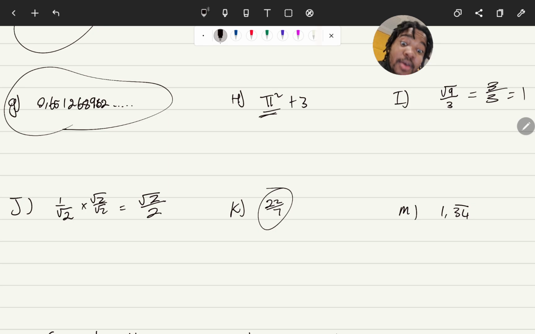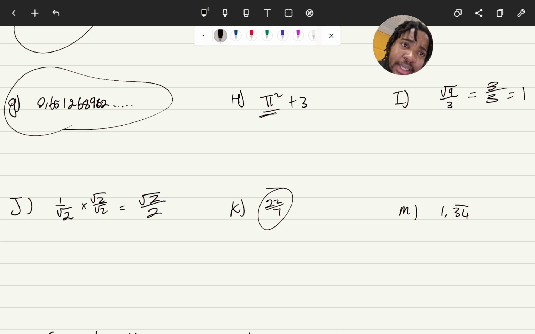Talk about this one. It is rational, for the fact that we have it as 22 over 7, where both 22 and 7 are positive integers, and b is not 0. I don't know what number you will get if you write it as a decimal, whether it repeats or not, but because we can write it as a fraction where both a and b are whole numbers, perfect.